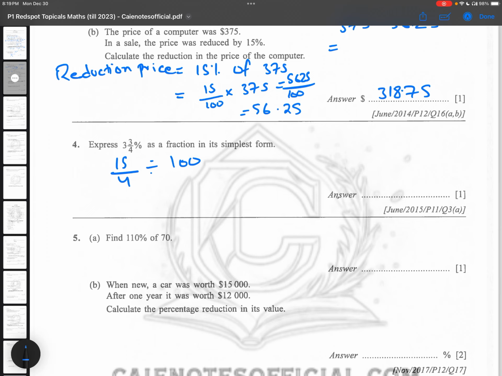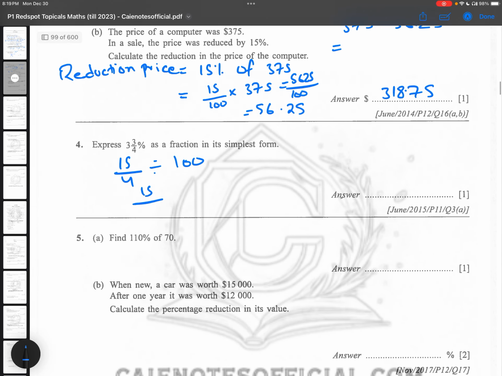So this will be equal to 15 upon 4. The division sign will be changed into multiplication, and you take the reciprocal of the next fraction, that is 100 upon 1, so it will become 1 upon 100.